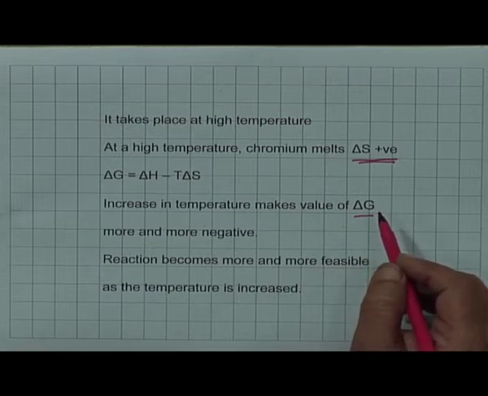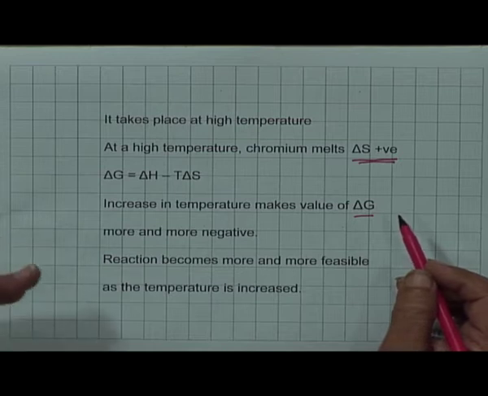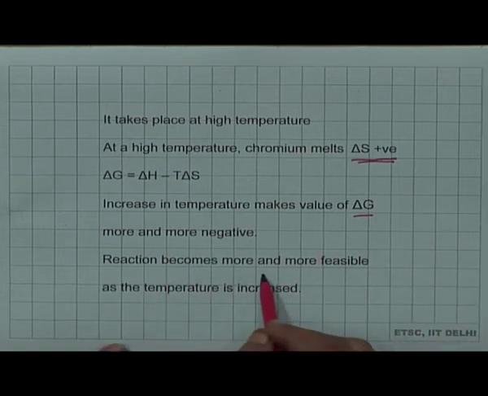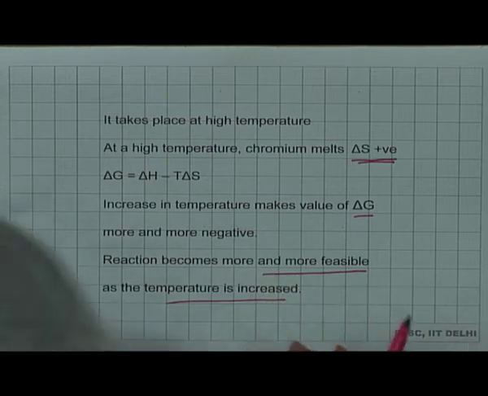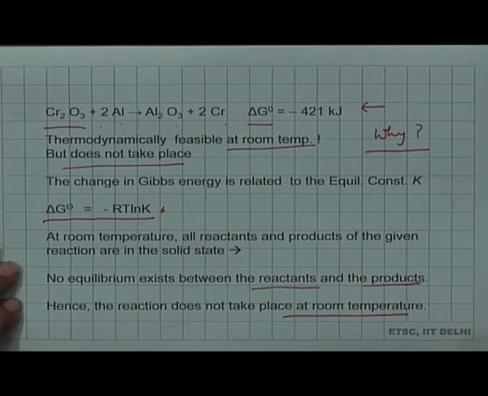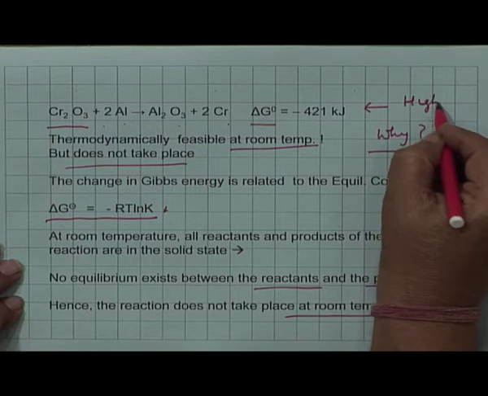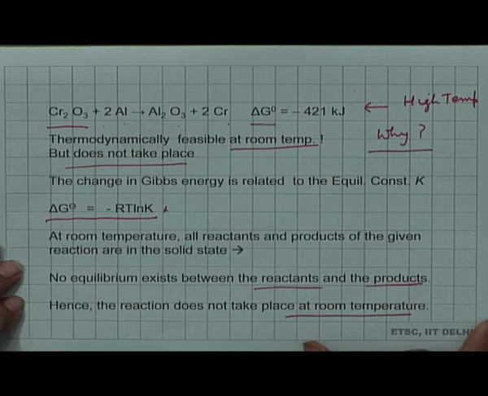So, now obviously the equilibrium is established because there is one phase solid and another phase liquid. In this situation the equilibrium is set up and the reaction becomes feasible as temperature is increased. So, the reduction of chromium oxide with aluminum occurs at higher temperatures, not at room temperature.